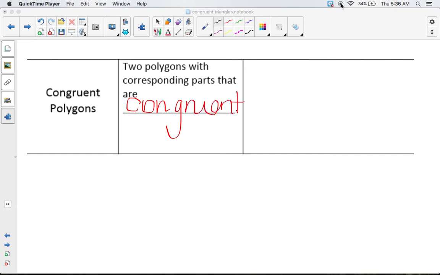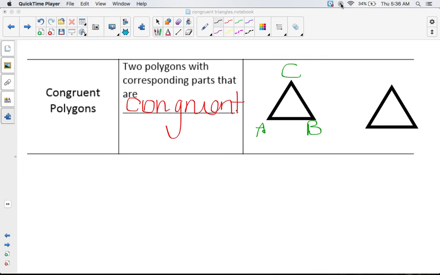So, if I have a triangle, let's change my shape. Here's one triangle. Here's another triangle. And we're going to name them, let's change colors. BC is equal to DEF.